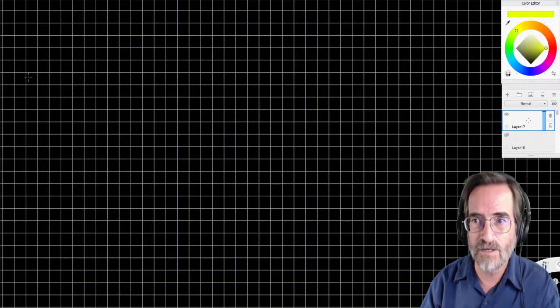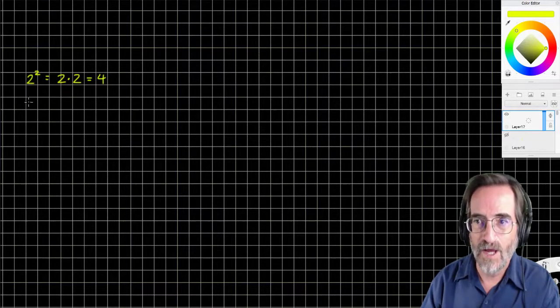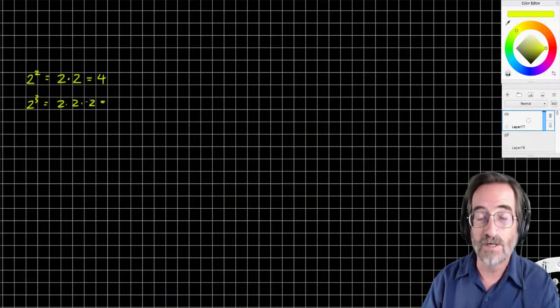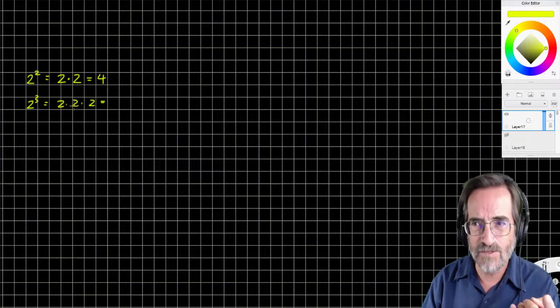Well, let's take a simple example here. Let's take 2 to the second power. We understand that means 2 times 2, which is 4. And 2 to the third power means 2 times 2 times 2, which is, 2 times 2 is 4, 4 times 2 is 8.